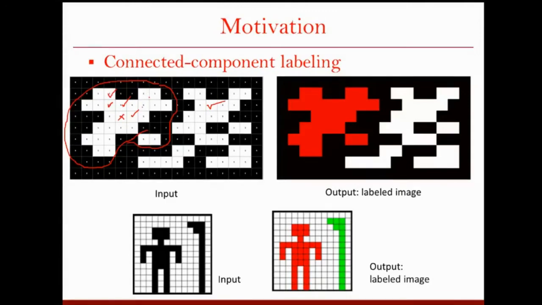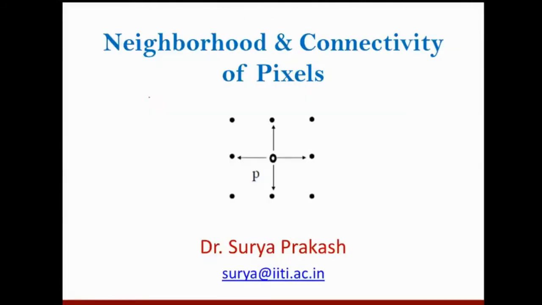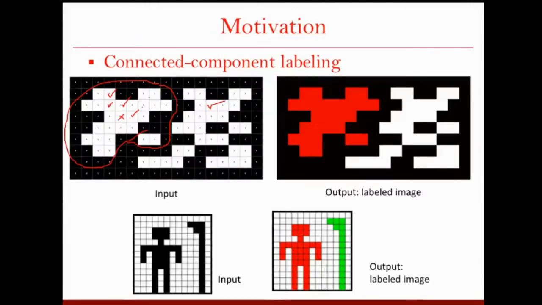We have to check the characteristics of the neighboring pixels. So to find out who the neighboring pixels are, how we define neighbor, how we define connectedness and adjacency, we are studying this topic. Once we know this, we can use it for labeling the connected components in any given image of this kind. So this is the basic motivation.